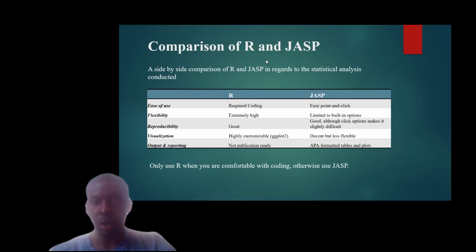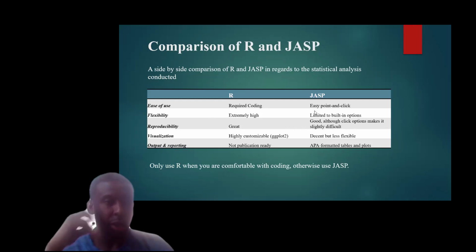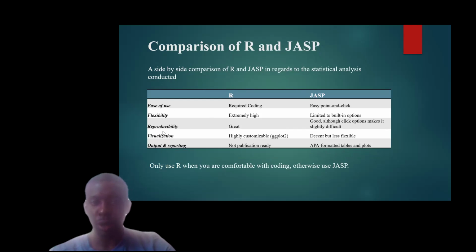Here is a side-by-side comparison of R and Jamovi in regard to the statistical analysis conducted. The breakdown covers ease of use, flexibility, reproducibility, visualization, and output. In R, ease of use requires coding, while Jamovi is point and click, which is easier.